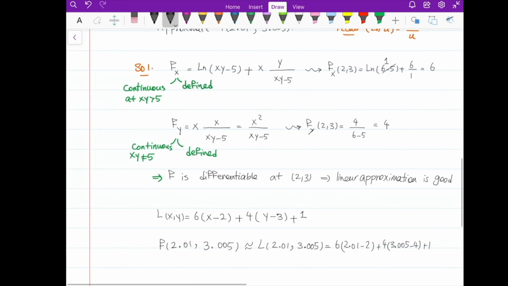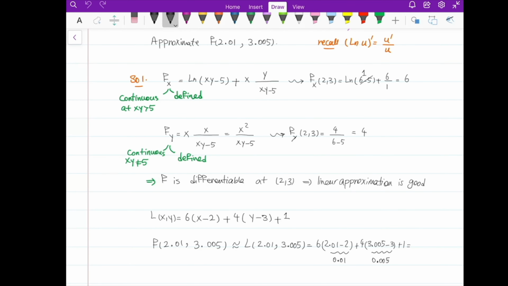Now just calculate that. This is 0.01, and oh, actually not 4, it's 3. I made a mistake in here. This is 3, so that's why this is just 0.005.